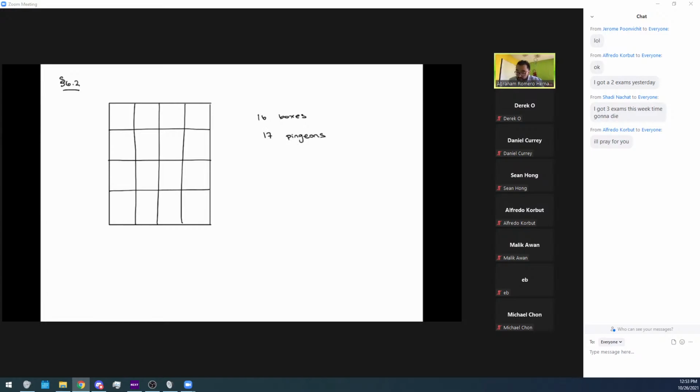Now, these are called pigeonholes because they're going to house a pigeon. Now, each pigeonhole is going to have at least one pigeon. Okay, so if I put a pigeon here, here's a pigeon. That's a horrible pigeon, but whatever. Here's another pigeon here.